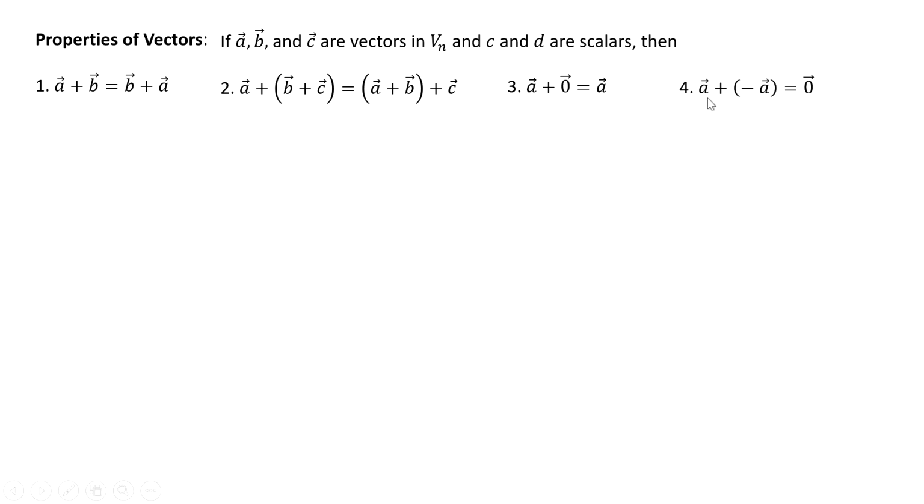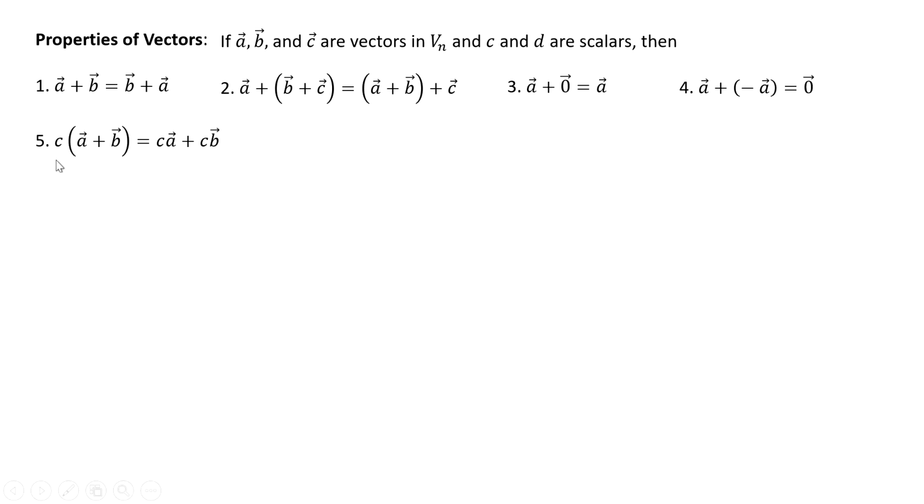And if you add a and a vector negative a, what is negative a? It has the same magnitude as a, but the direction is opposite. You get the zero vector. So negative a is what is called the additive inverse of a, or a and negative a are additive inverses of each other.